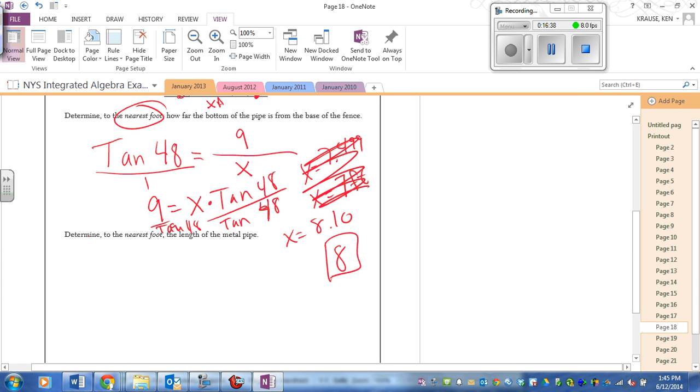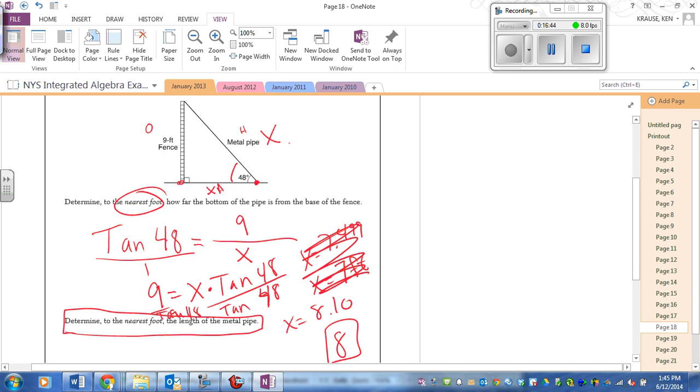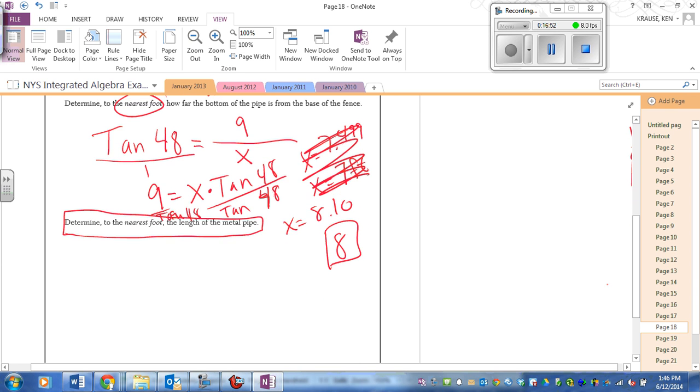The question says determine the length of the pipe. In this case, the pipe is the hypotenuse. We'll call that y. Now we're going to use opposite over hypotenuse, which is sine. So sine of 48 is equal to opposite, which is 9, over hypotenuse, which is y.